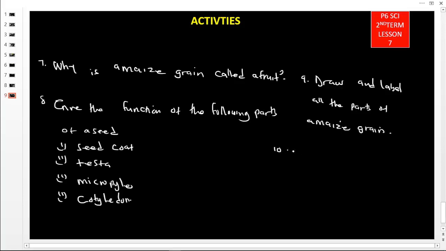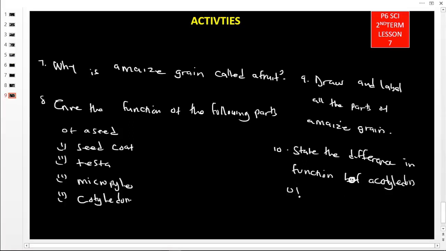Number 10, state the difference in function of a cotyledon of a maize grain and a bean seed.